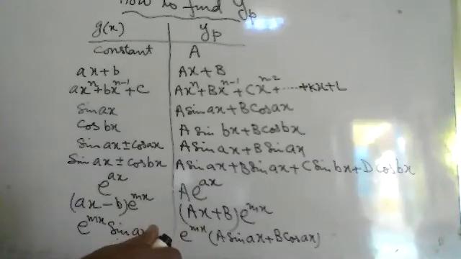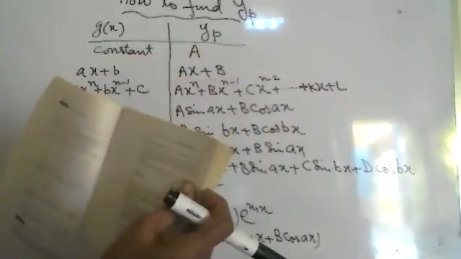I will send you the picture for these particular solutions. This is table 4.4.1 on page 143. This is the table for the y_p's.